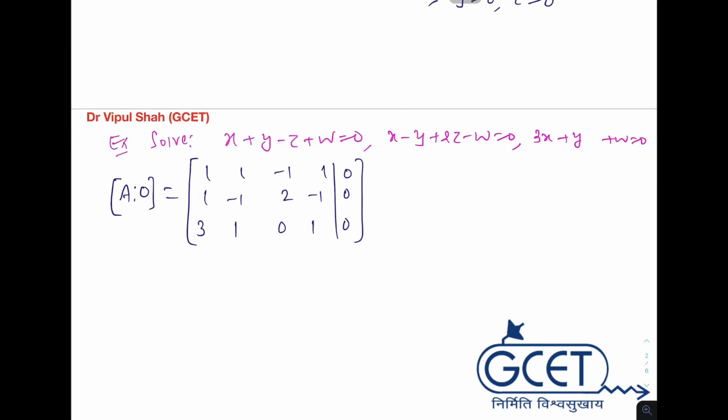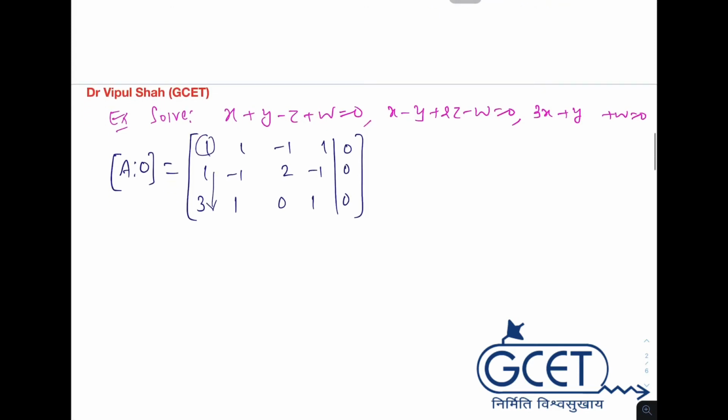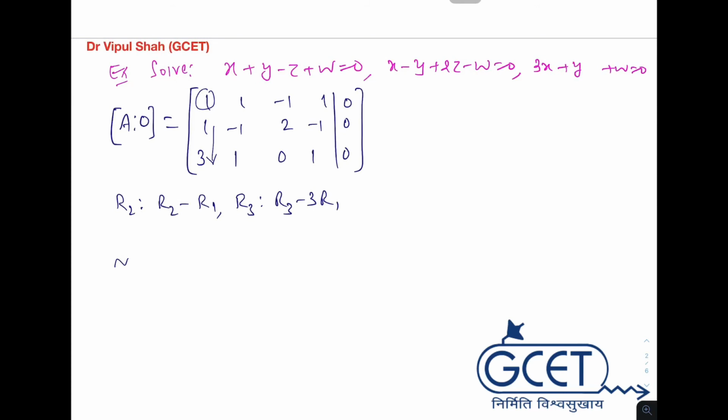Okay. Now here we are having 1, so we make the entry below it to be 0. So R2 minus R1 and R3 minus 3R1. So now this is 1 1 minus 1 1 0.